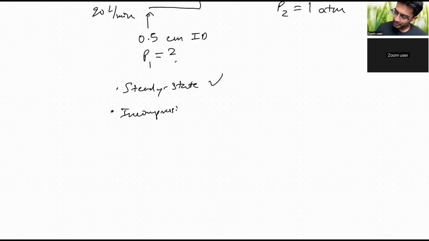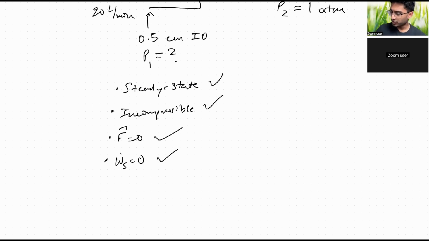So that's good. Friction equals 0. Yeah, that's fair. We can make that assumption. And lastly, shaft work, there's nothing. It's just fluid moving through a pipe. So, of course, shaft work equals 0. So we should be good to go in this case.